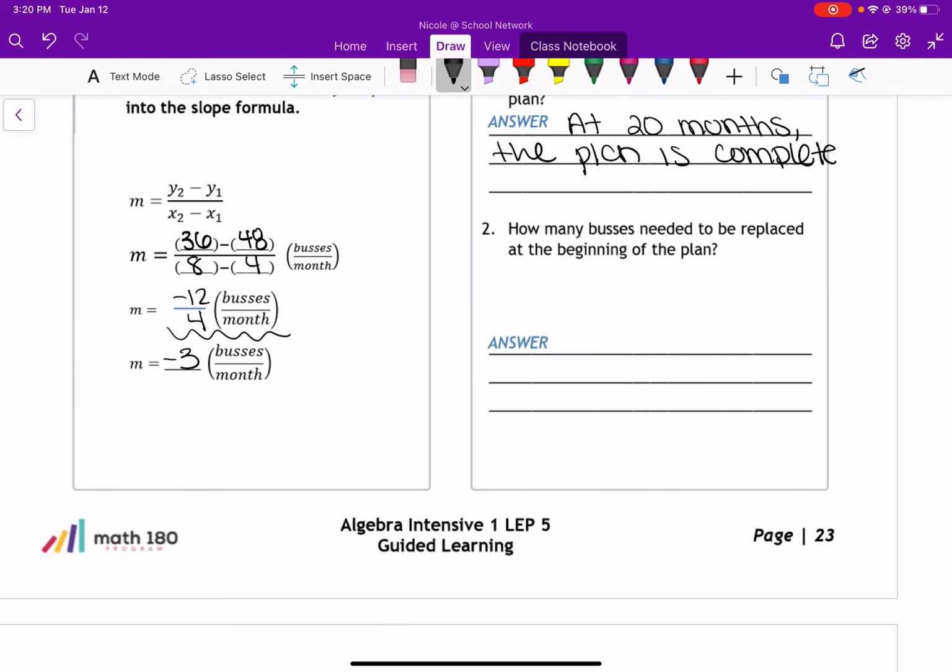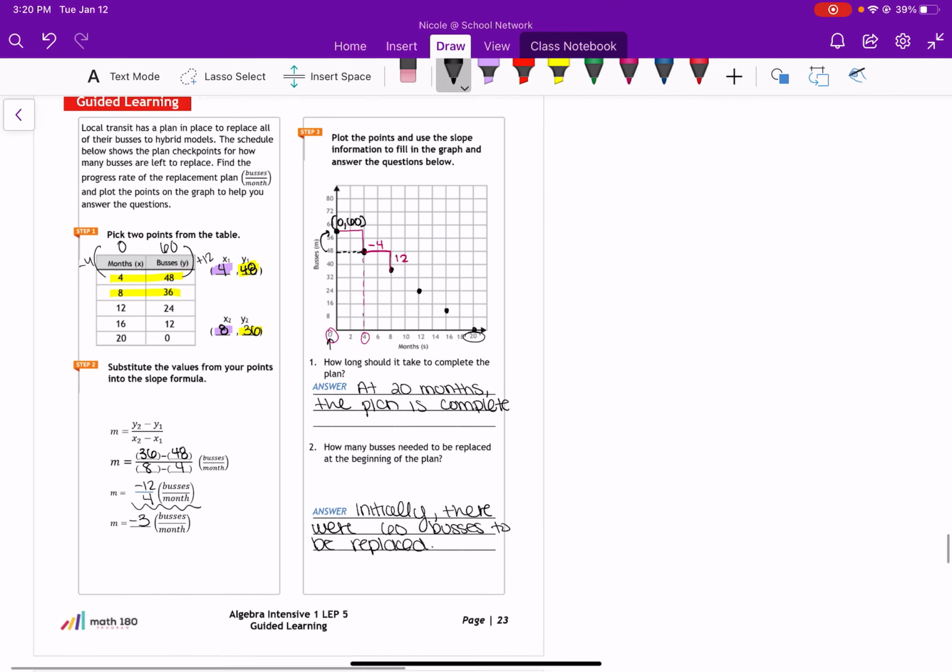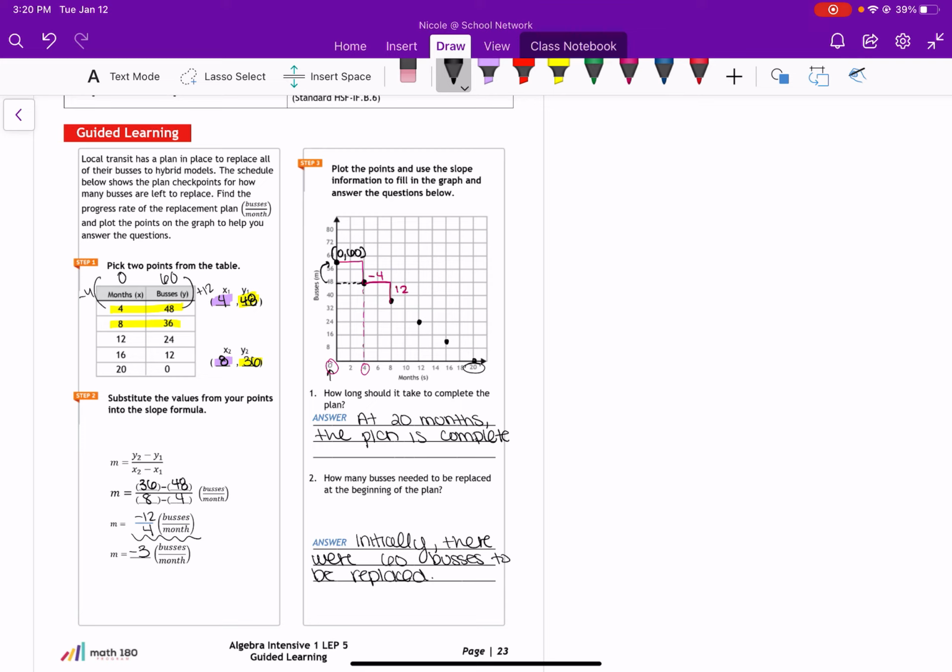So initially there were 60 buses to be replaced. Okay, so here we really used our slope or rise over run to solve for the value at time 0.